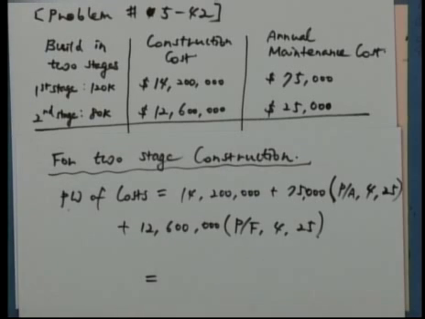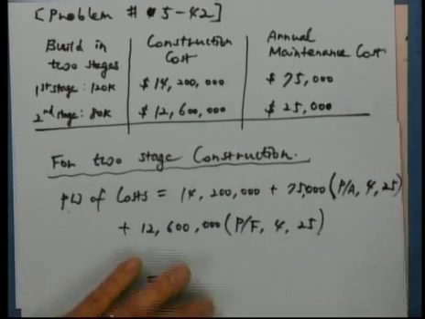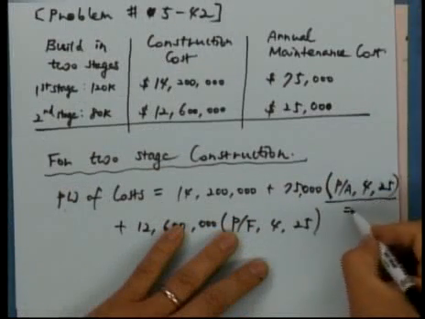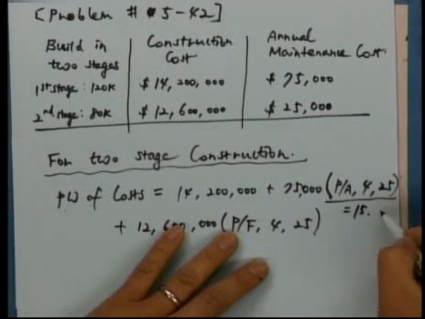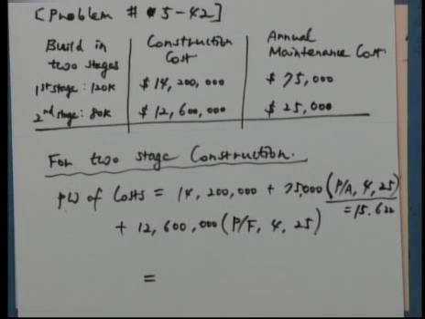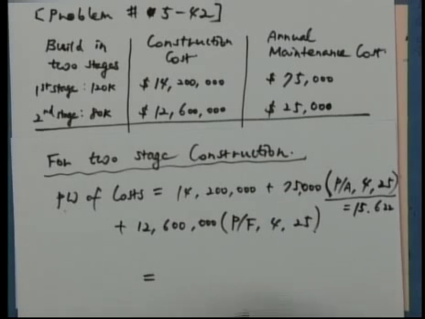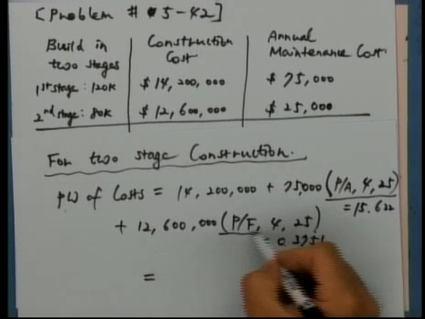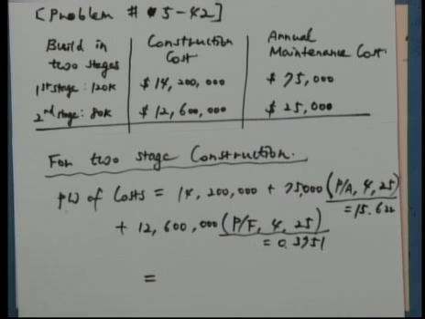P given A is also the same, 15.622, right? And P given F over 25 periods is 0.3751. So how much is that?